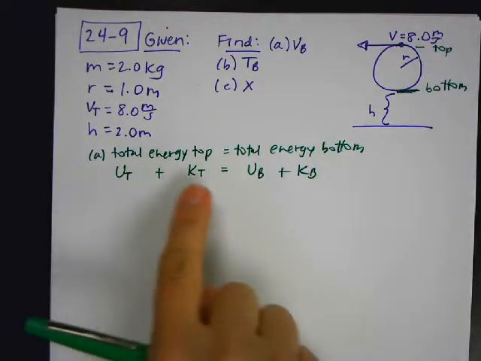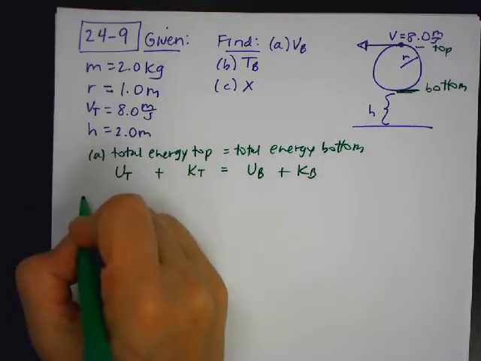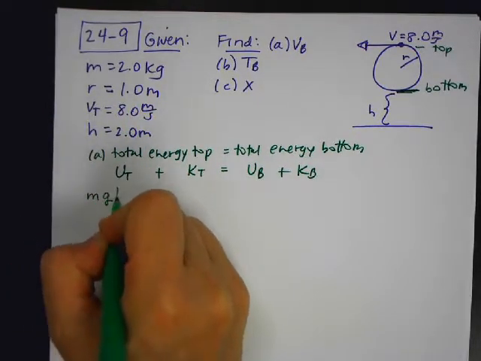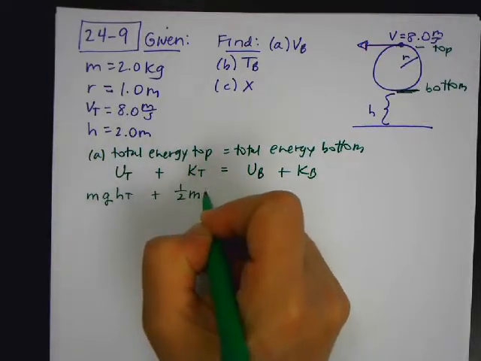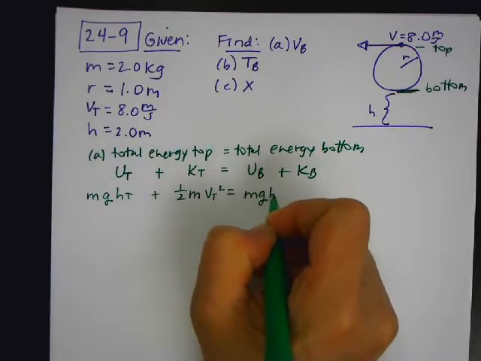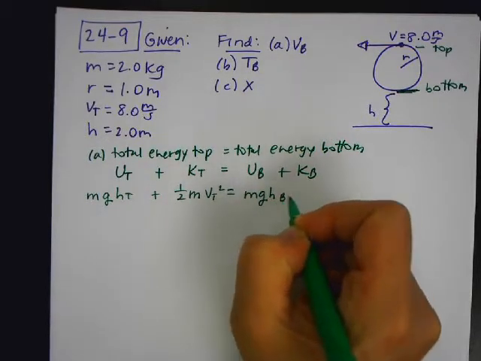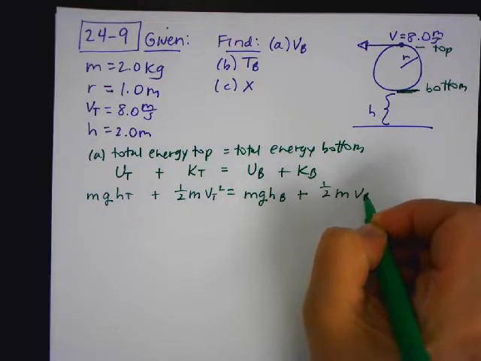This is the potential and the kinetic. Now, I can substitute in what this is. So this is going to be mgHT plus 1/2 mVT squared is equal to mgH bottom plus 1/2 mV bottom squared.